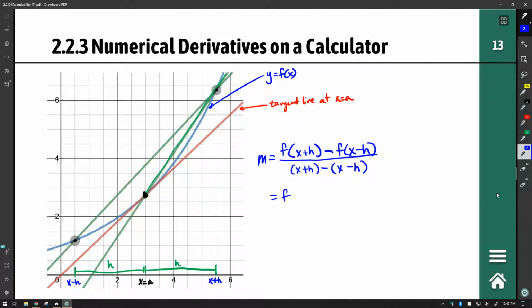And this would simplify then to f of x plus h minus f of x minus h all over, now, x minus x makes 0, h minus a negative h is 2h, and there is what we call the symmetric difference quotient.